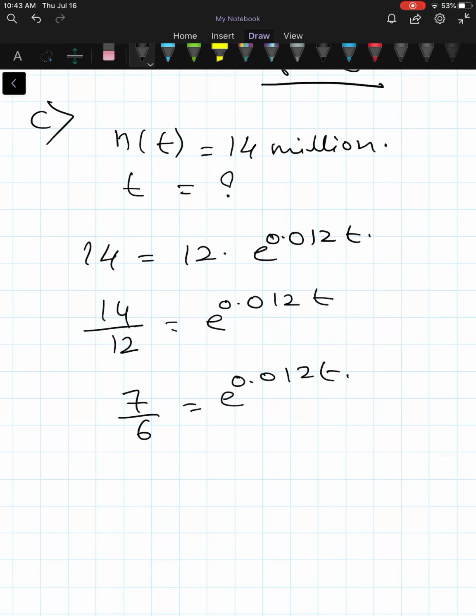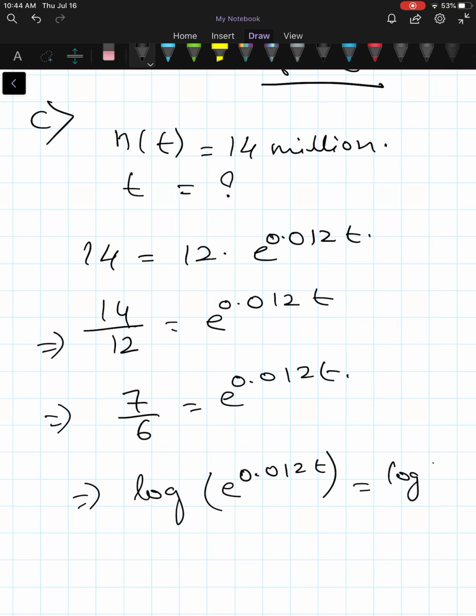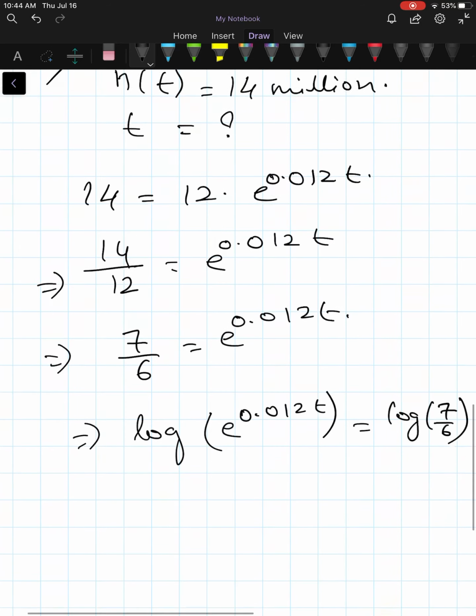So taking log on both sides, that implies ln of e to the power of 0.012 t is equal to log of 7 by 6.